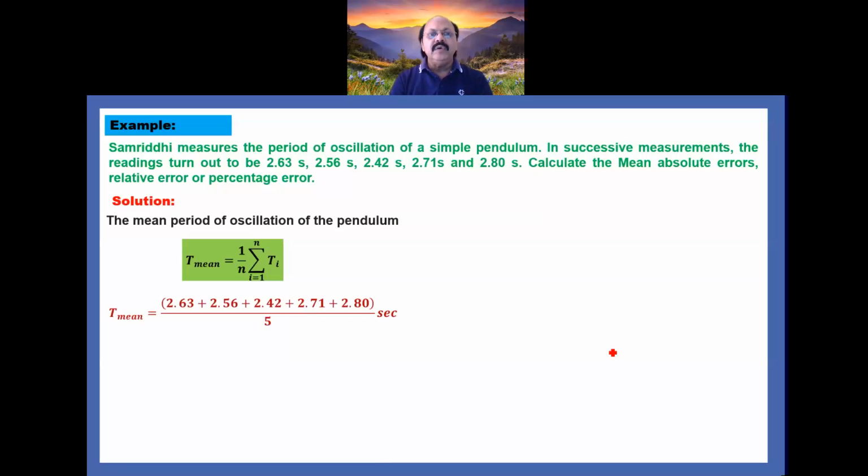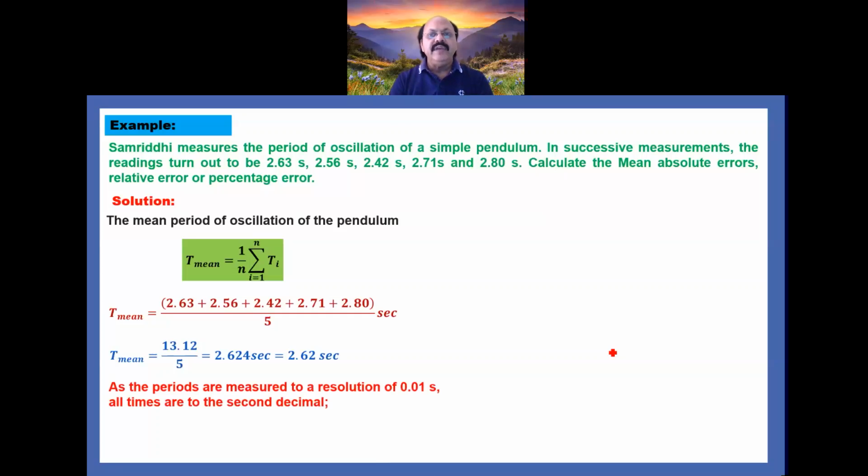T mean equals 2.63 plus 2.56 plus 2.42 plus 2.71 plus 2.80 divided by 5. When you calculate it, you get T mean equal to 13.12 divided by 5, which comes to be 2.624 second, and which can be written as 2.62 second. Why are we writing 2.62 second? Because all the readings which you have taken are up to 2 decimal places.